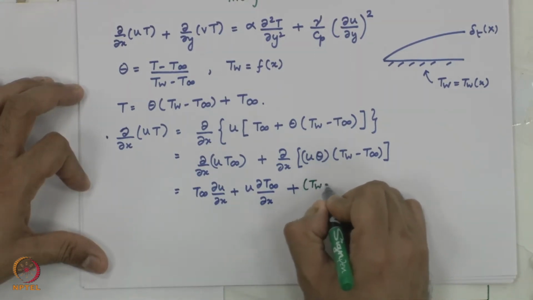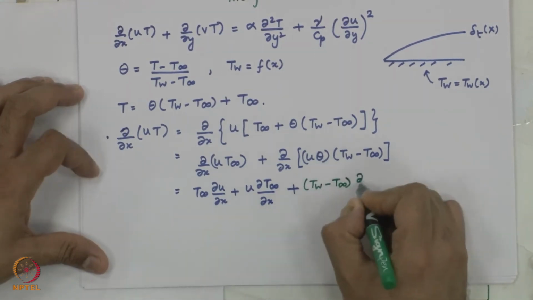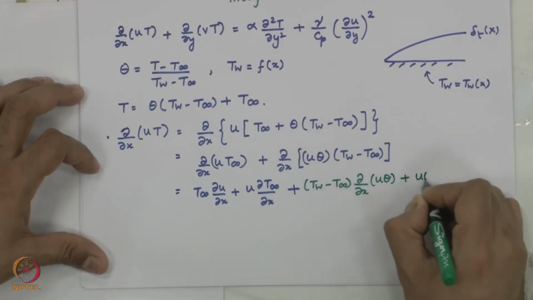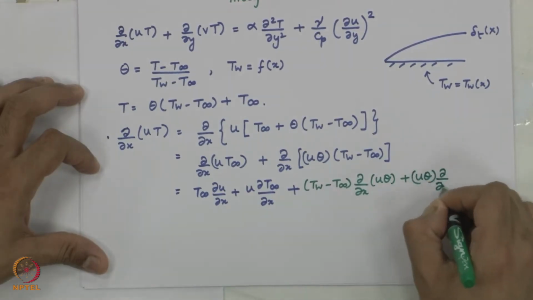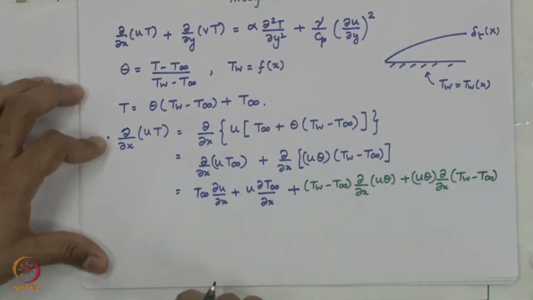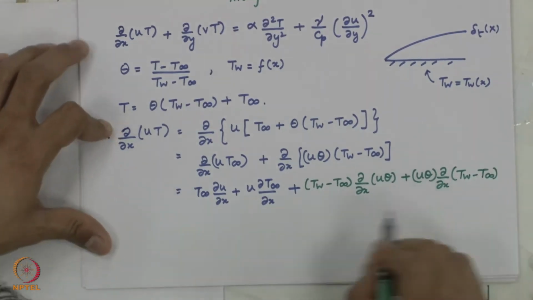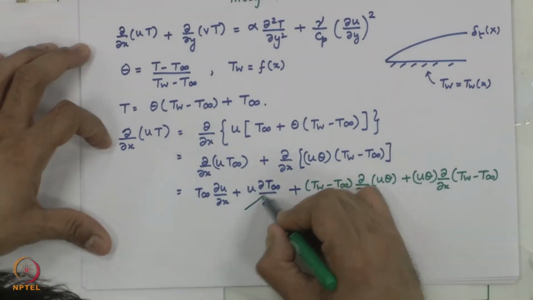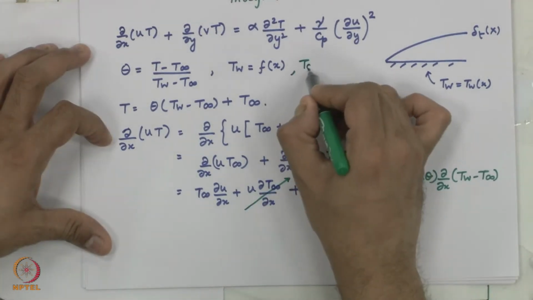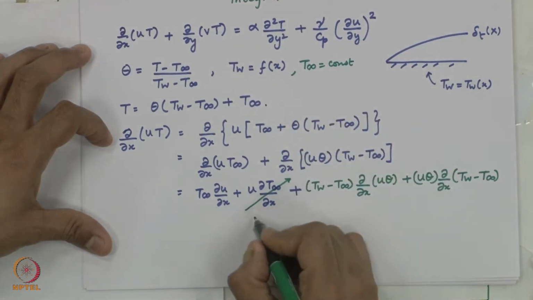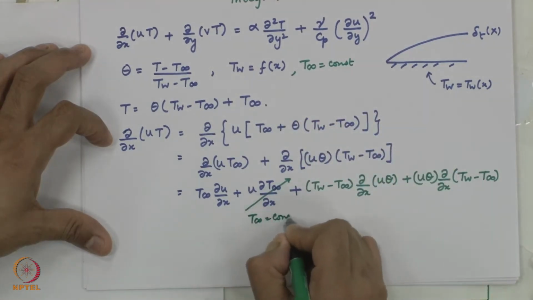So, this is (T wall minus T infinity) d by dx of u theta plus u theta d by dx of (T wall minus T infinity). 4 terms are there, and T infinity has been assumed to be constant. So, I did not write it here. So, this derivative goes to 0, T infinity is constant.